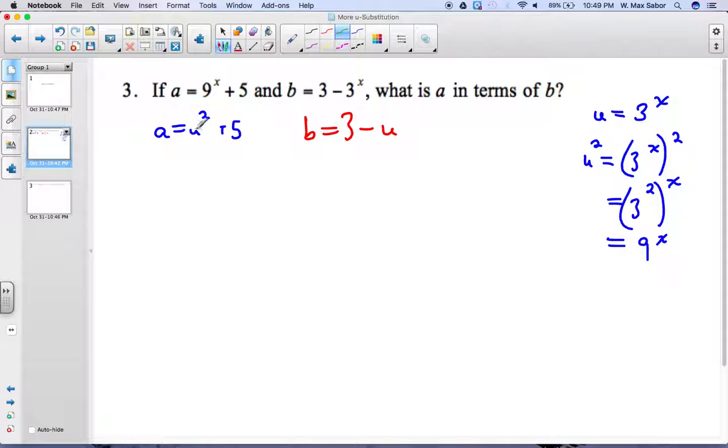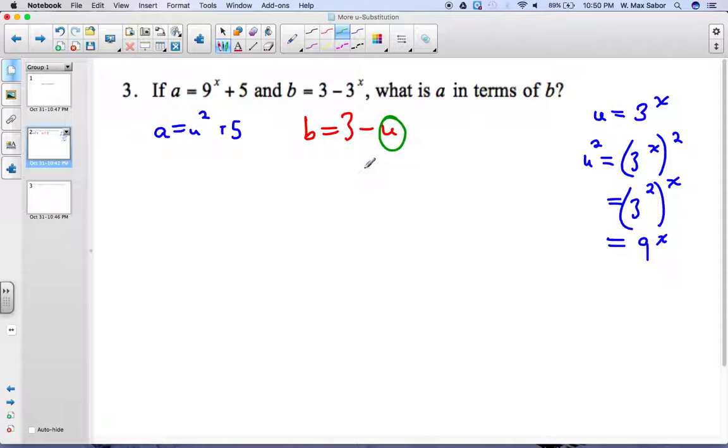What is a in terms of b? So we want to get b in here and get rid of u. So the idea is, if we solve this equation for u and substitute it in over here, we could use elimination if this were not quadratic. The way we solve quadratic systems is by solving for one of the variables and then using substitution.